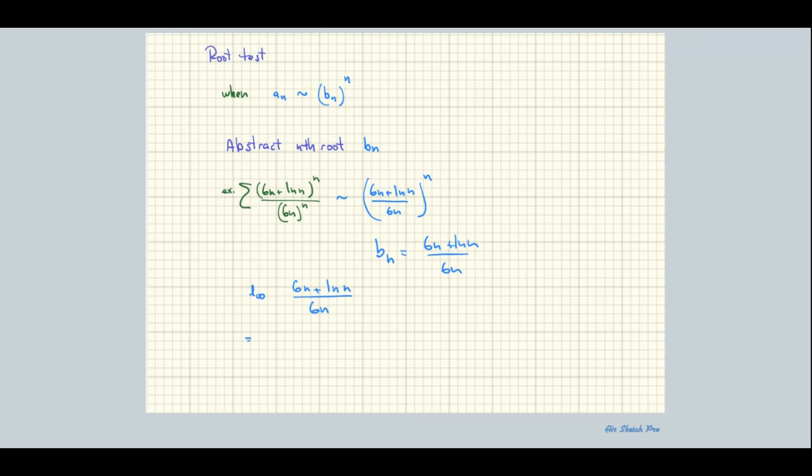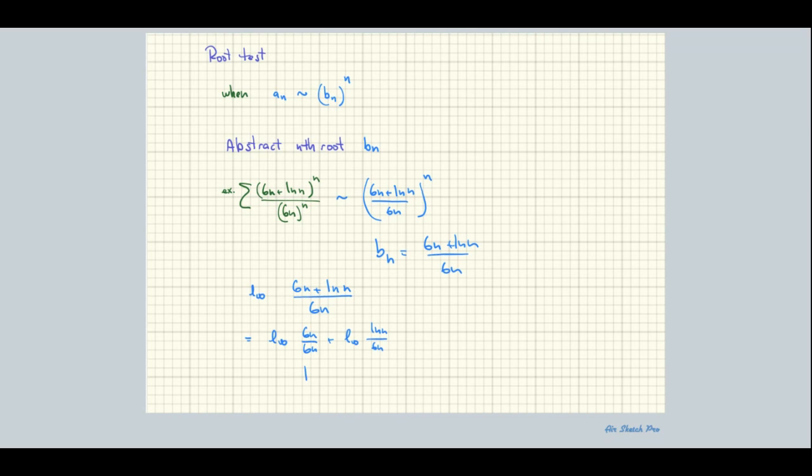This is the usual rule, right? The limit as n goes to infinity, if they exist, of 6n over 6n plus the limit as n goes to infinity of log n over 6n. Yeah? And this is 1. That should be immediate, but if somebody needs me to show that, I can do it.